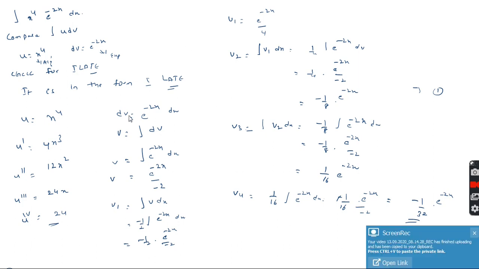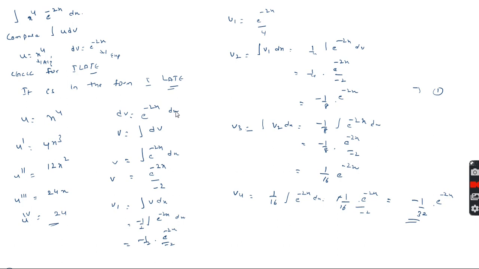And next, dv equals e power minus 2x dx. So v equals the integration of dv, that is the integration of e power minus 2x, which is e power minus 2x by minus 2.